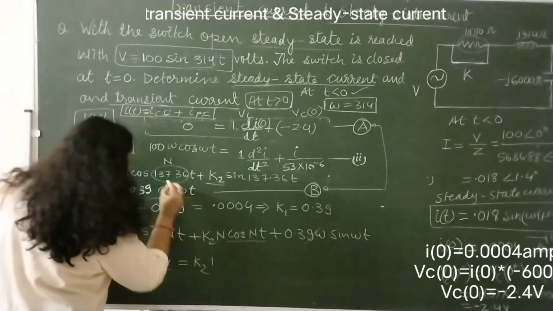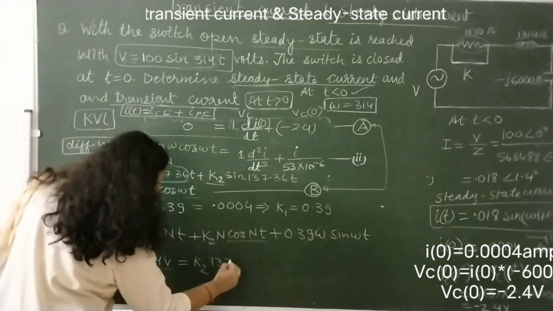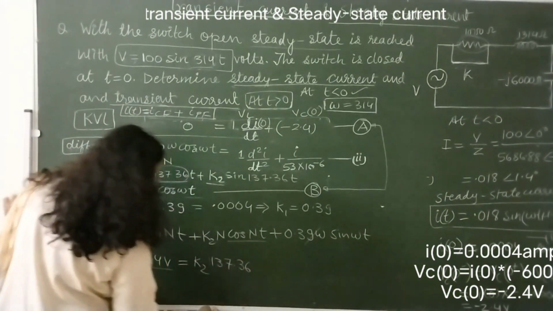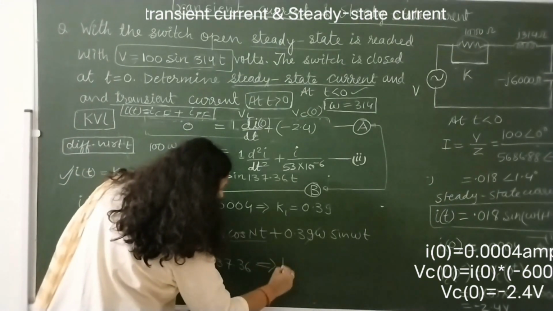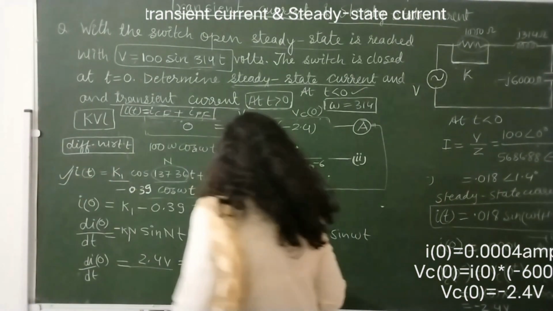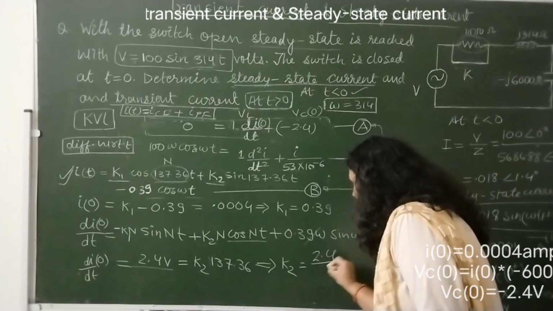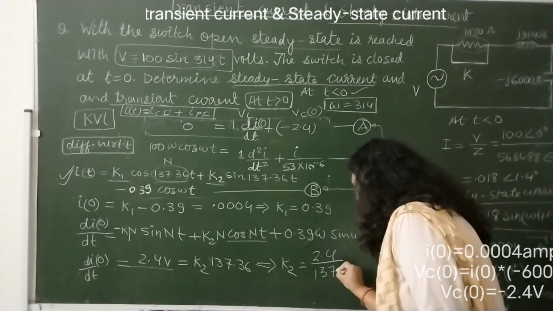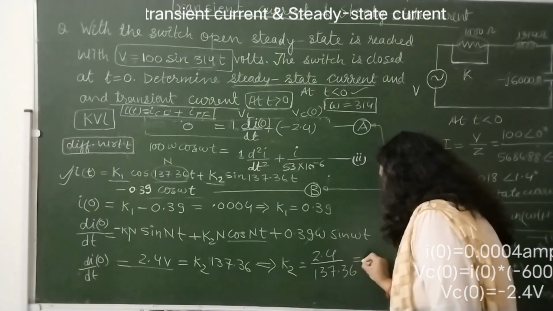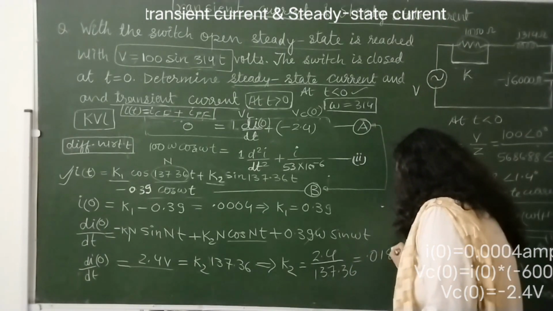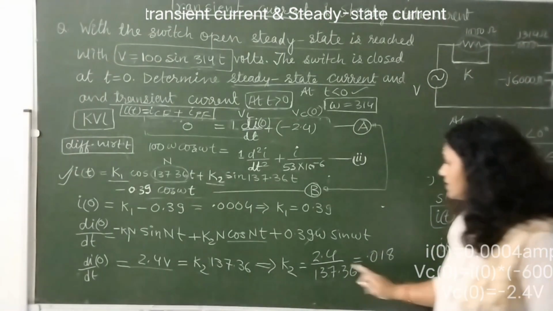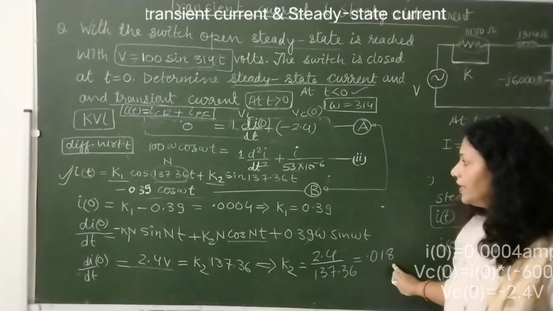Substitute or replace this n by 137.36. Here we can get the value of K2. K2 is equal to 2.4 divided by 137.36, which is equals to 0.018. So our second constant is 0.018.